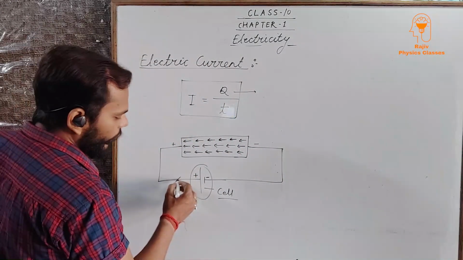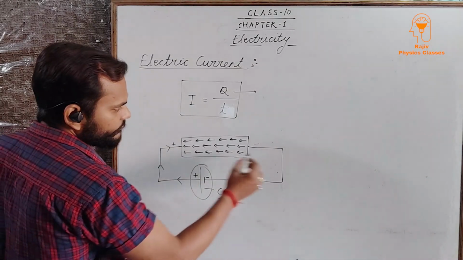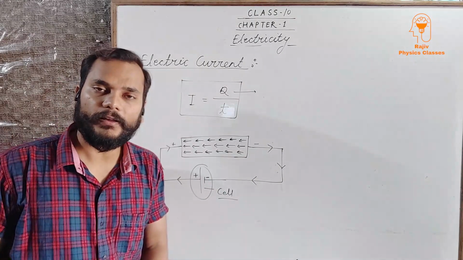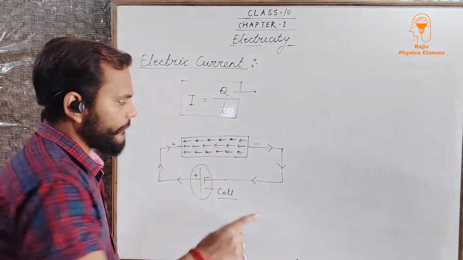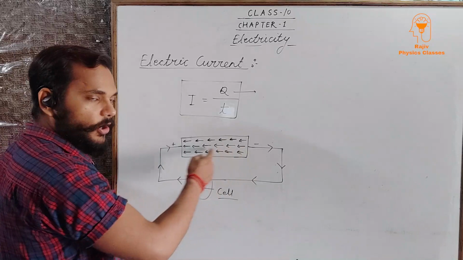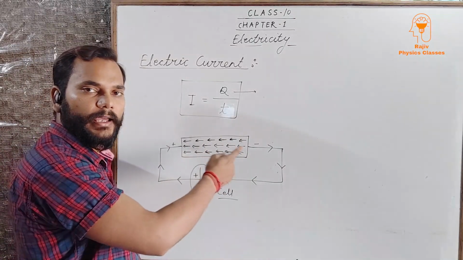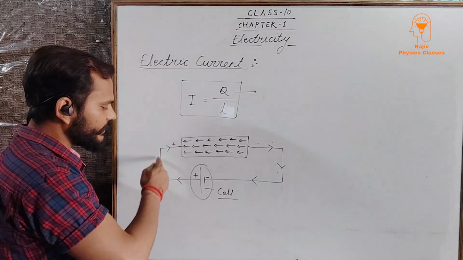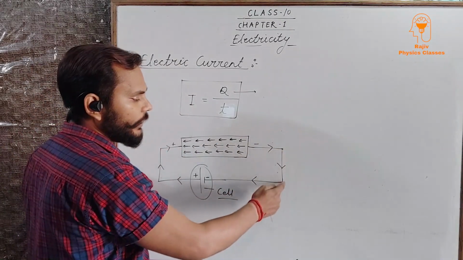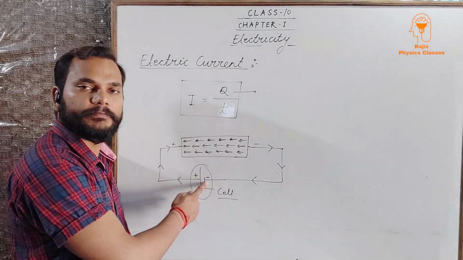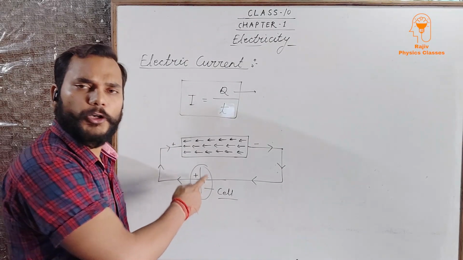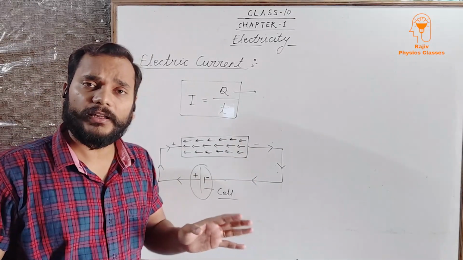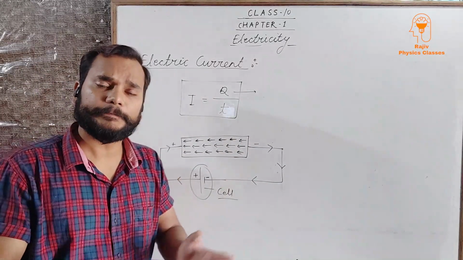This is the flow of electric current. Remember, this is the flow of electrons, while the electric current flows from the positive terminal of the cell to the negative terminal. Don't you think that these two statements are quite different, quite opposite?